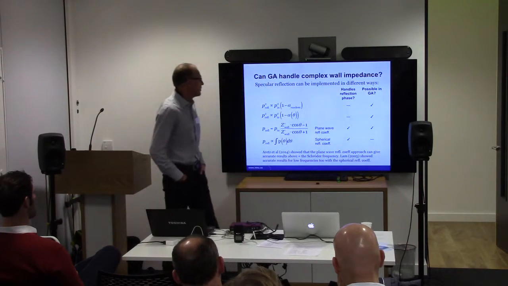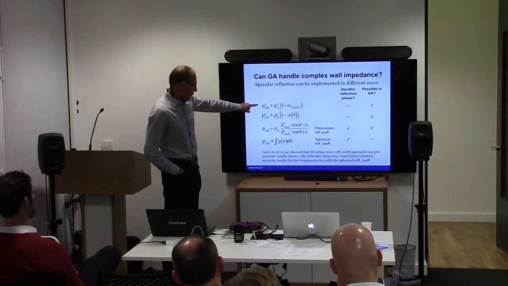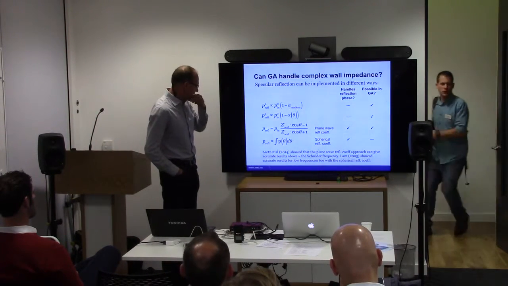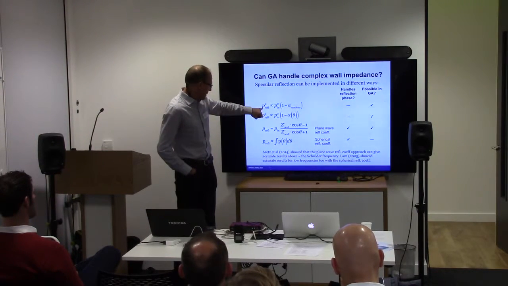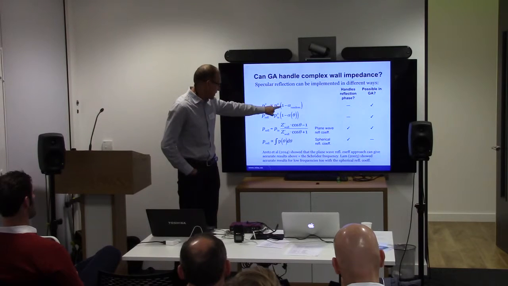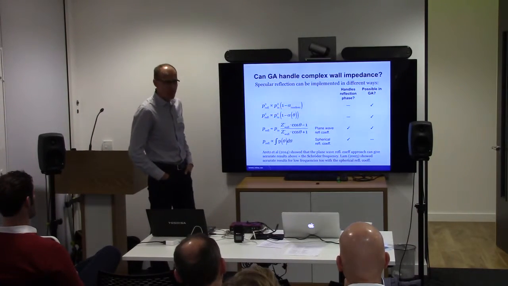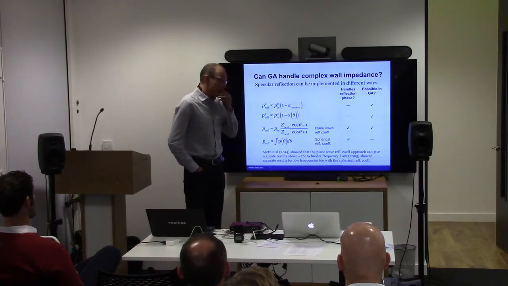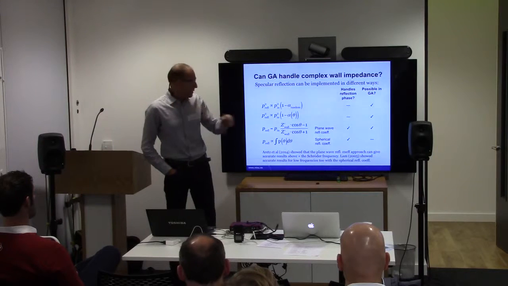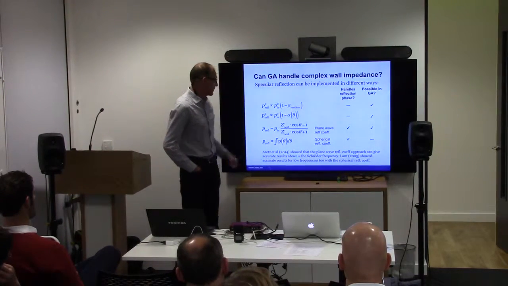For complex wall impedances, specular reflections are implemented in different ways. One quite common and very simple implementation is to say that the reflected sound pressure squared is attenuated given by the random incidence absorption coefficient. And the very good argument for doing it like that is that this is the input data that we have available.